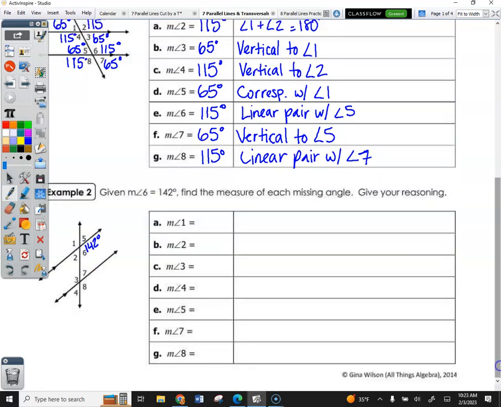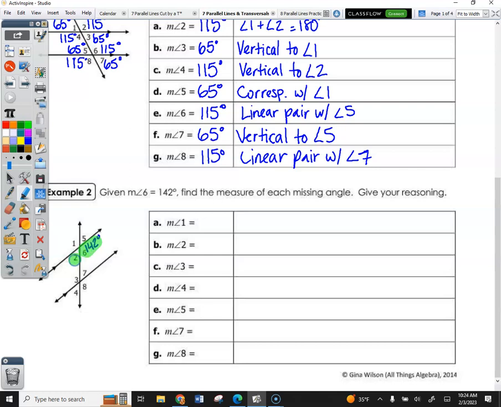All right, let's practice. This time, instead of relying on vertical or linear pairs, I want us to practice the new vocab words, okay? So, look right here. I'll use my highlighter to direct your attention. If this is the angle given to me, right? Y'all with me?